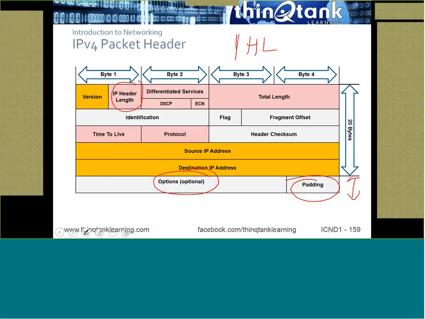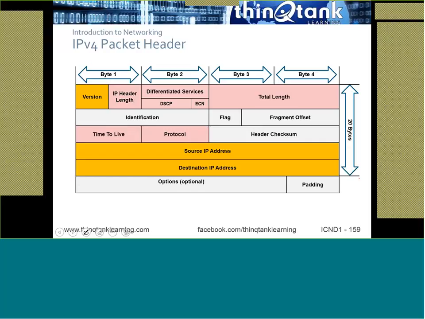So actually, an IP header is variable in length. Is there a maximum? There is a maximum. Typically, it's going to be 40 bytes. You're not really going to go above 40 bytes because the options that you need to include are not unlimited. There's a limited number of options that you can include.